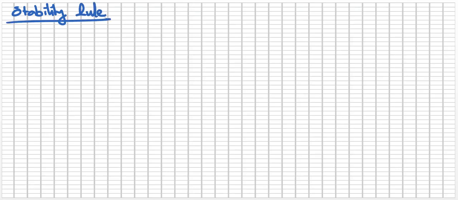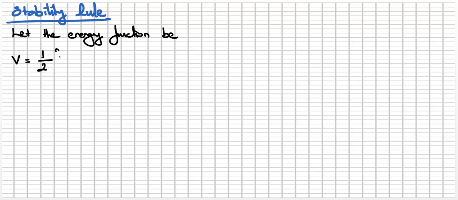Okay, and so in order to stabilize or to minimize the e1 value, we should properly select the specific energy function. Let the energy function be V equal to 1 divided by 2. This comes from taking a derivative of the V, or the energy function.